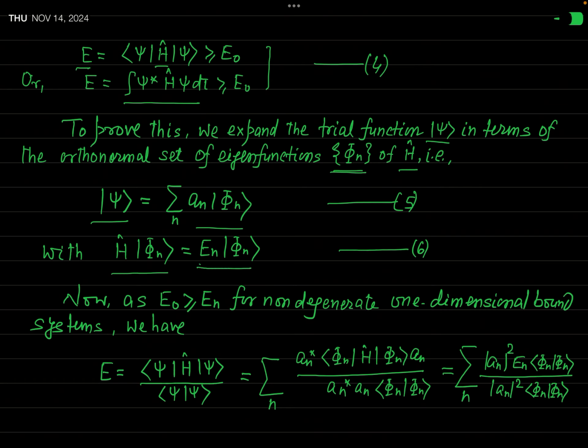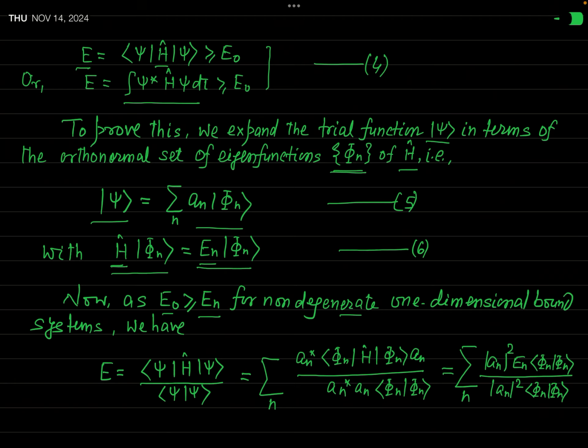Here En is the energy eigenvalue of the operator h hat for the eigenstate phi n. Now, this method is applied only when E naught is greater or equal to En, and this will hold for non-degenerate one-dimensional bound systems.